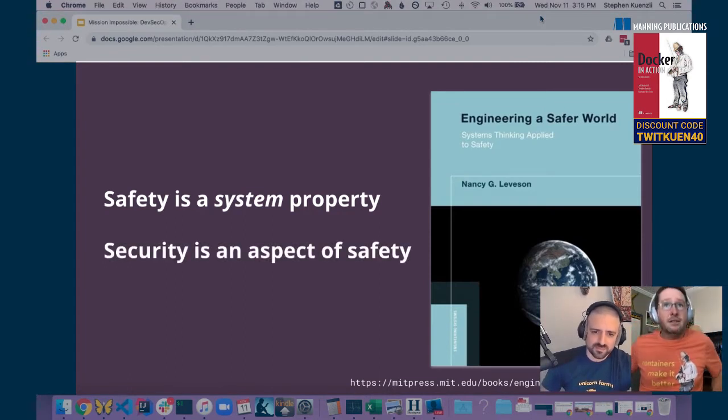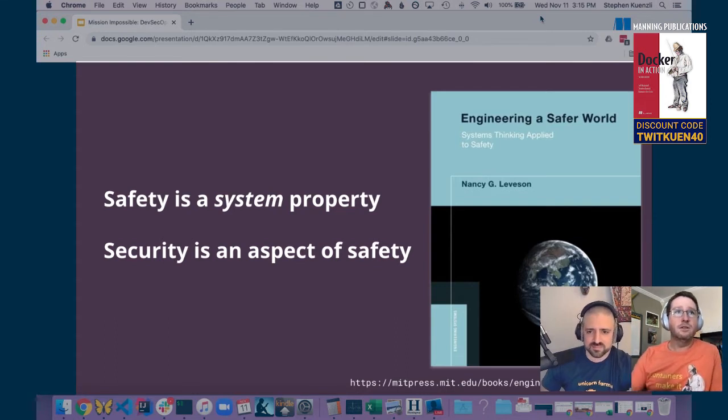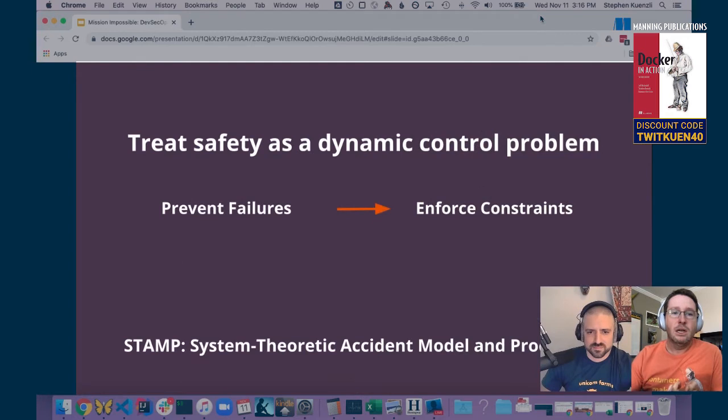So there are many hazards to information security that can result in real harm: physical, business, or financial losses. And if you're interested in the intersection of systems engineering and safety, I highly recommend you check out Engineering a Safer World. It's fantastic. And it's useful because systems thinking provides a path forward.